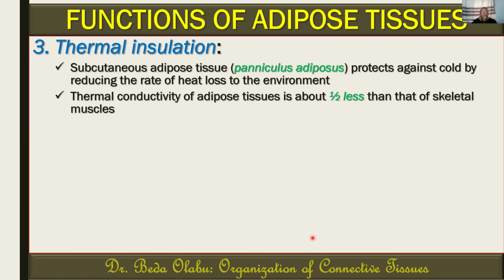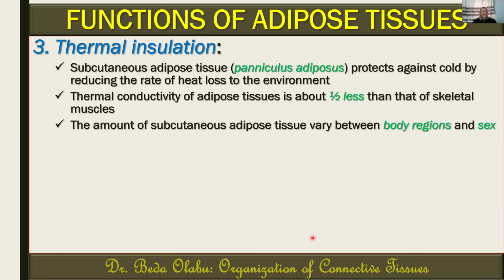Therefore, if we have heat within our body, for example within skeletal muscles, we don't want this heat to be released to the atmosphere easily, especially when it's cold. So the subcutaneous adipose tissue provides a barrier between body tissue like skeletal musculature and the environment, therefore preventing heat loss.